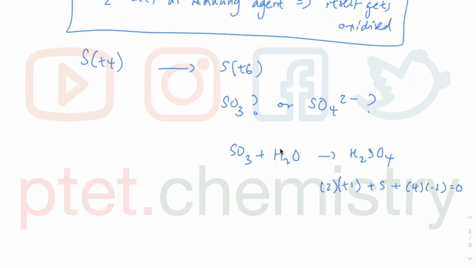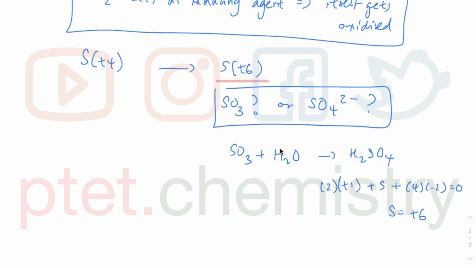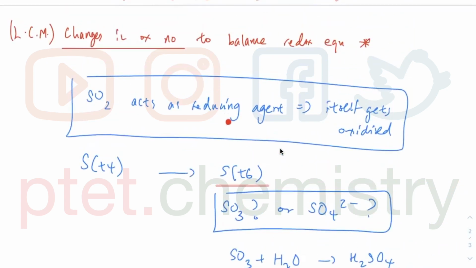So your sulfur turned out to be plus 6 as well. In both of these, it doesn't matter which one, you're always going to get sulfur plus 6. Are you with me so far? Yeah. Whether you get these or these, it will always be sulfur plus 6. You never see sulfur plus 5. The plus 4, acting as a reducing agent, itself must get oxidized, so it must become sulfur plus 6. Now this is a change of plus 2.